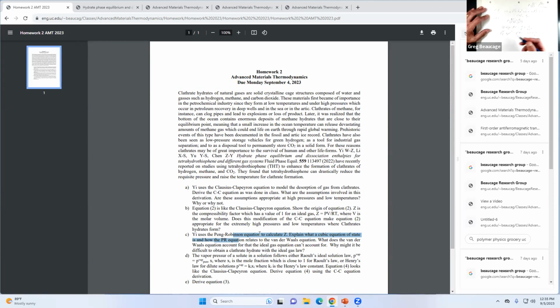Then you have the cubic term, and these two terms group up. So you have this form: x cubed, so A is P, B is minus BP minus RT, and then C is A, and D is AB. So it's a cubic equation.